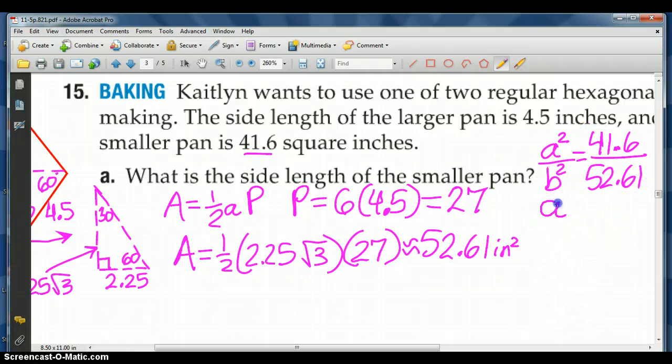If I want to find my scale factor, a to b, then I'm going to take the square root of each of those areas. And once again, these are just approximate values. So an approximation for the square root of the area is 6.45 over 7.25.